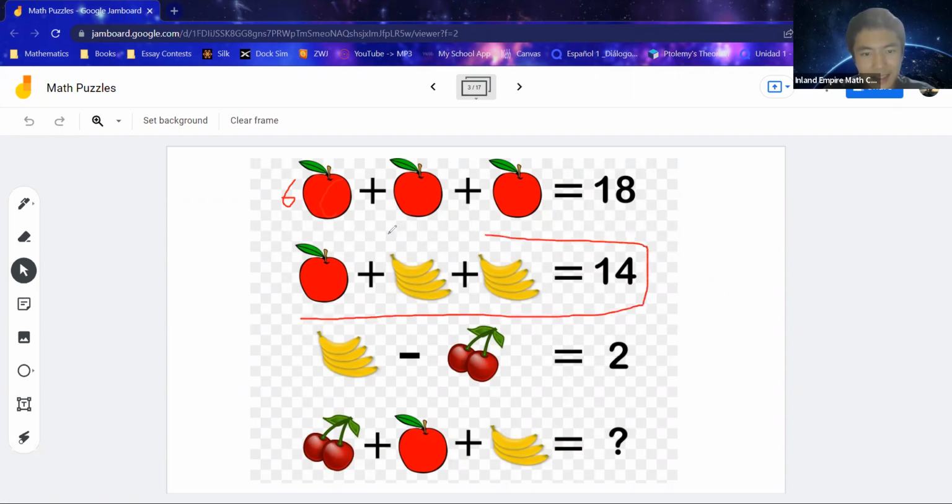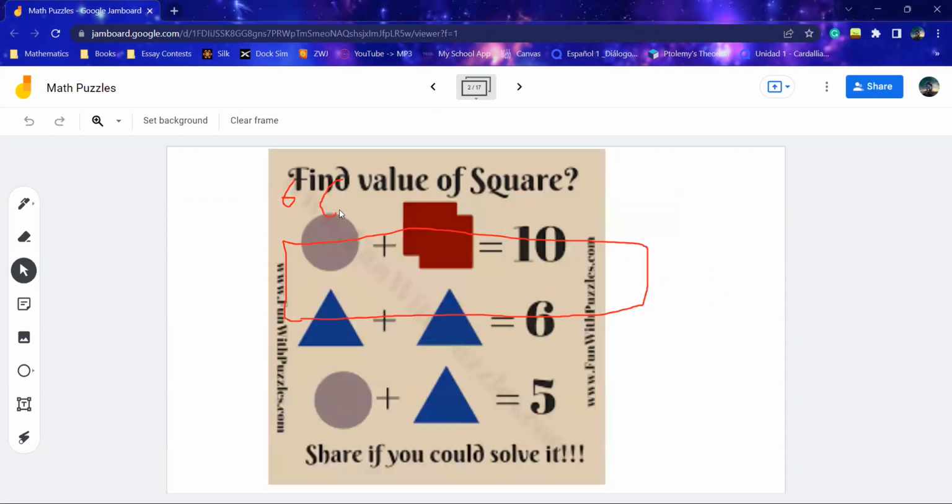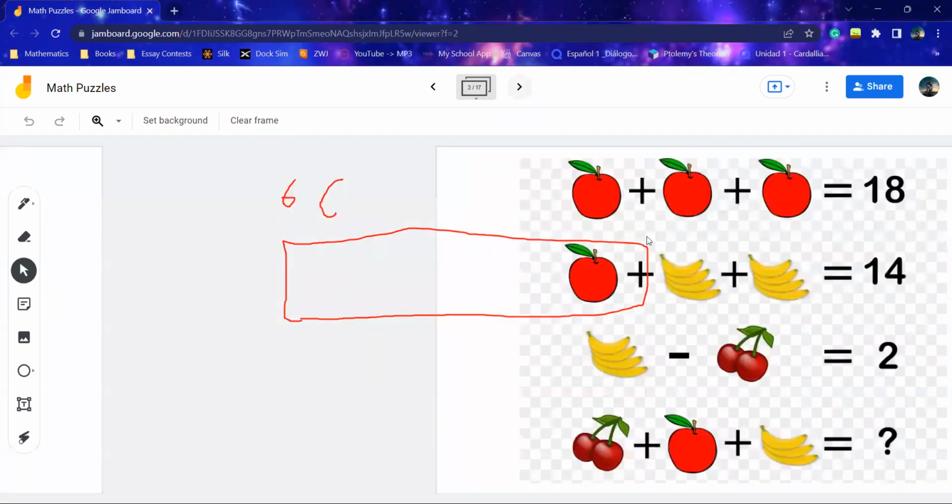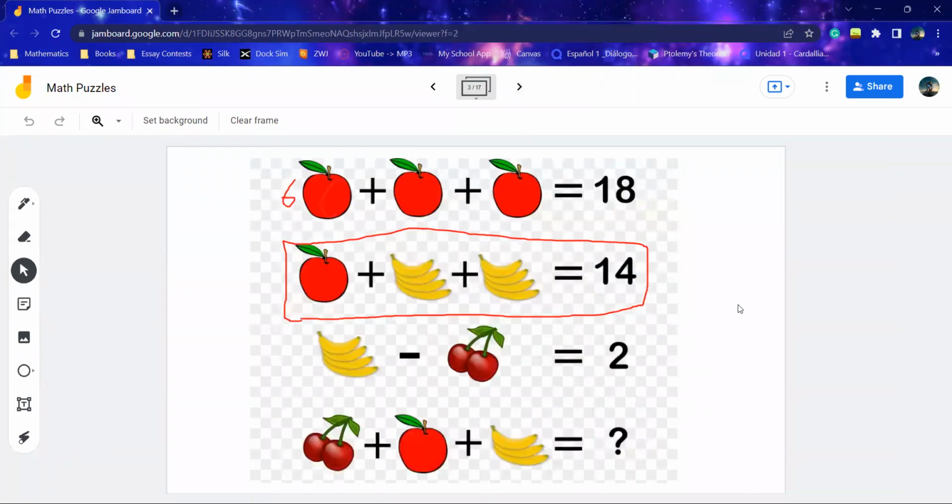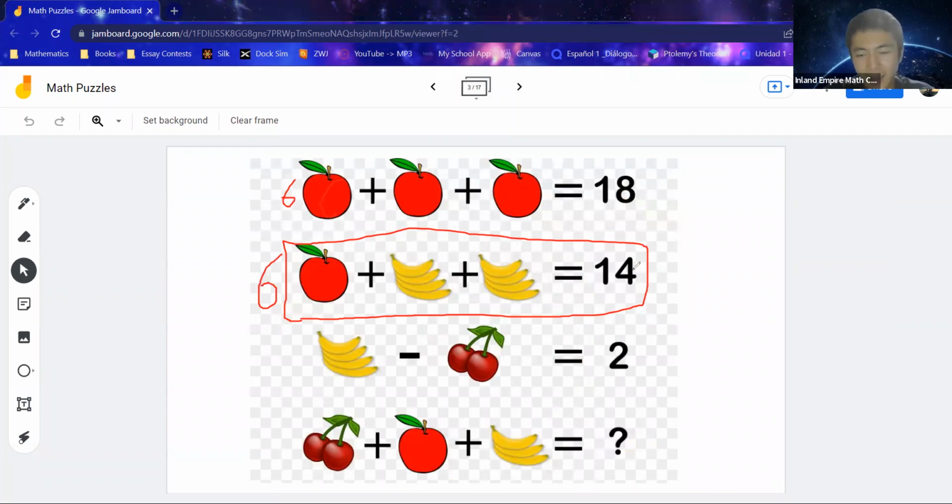This is very similar to what we did in the last problem, right? Remember? So the banana is 4, I think. That is correct. Because since the apple is 6, 2 bananas add up to what? 14 minus 6, right? These two add up to 8, meaning each one is 4. That is correct.